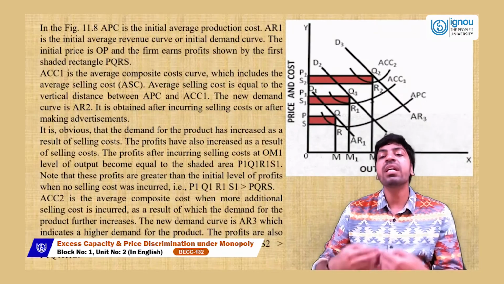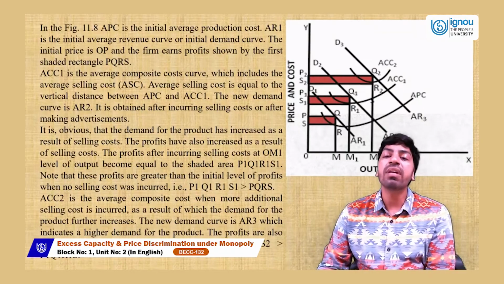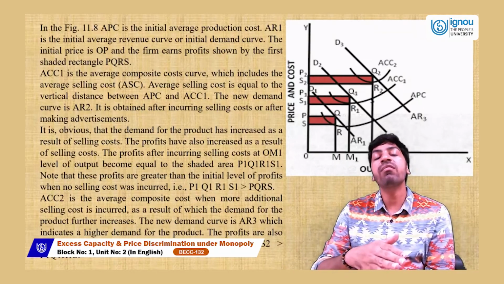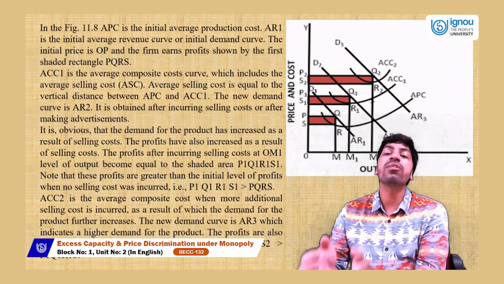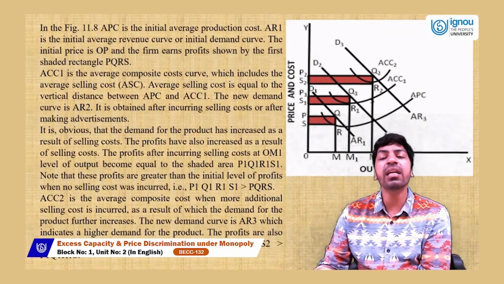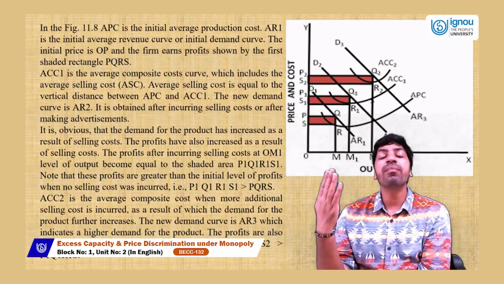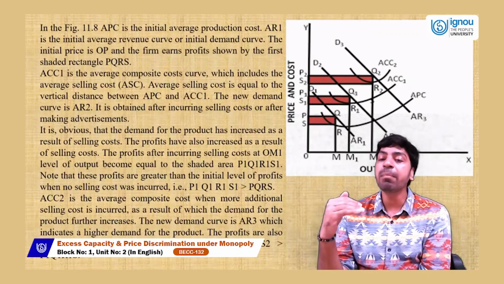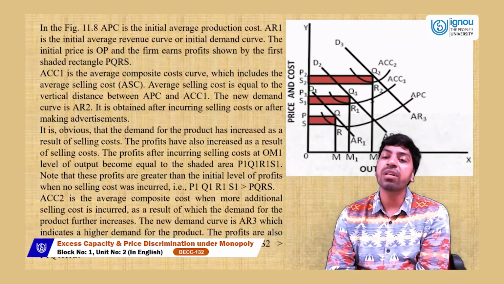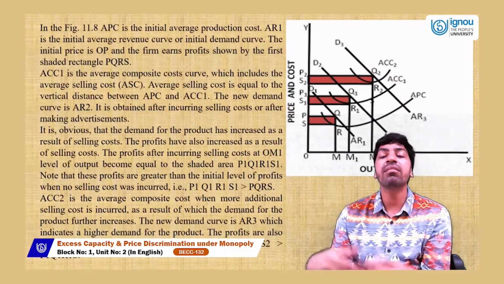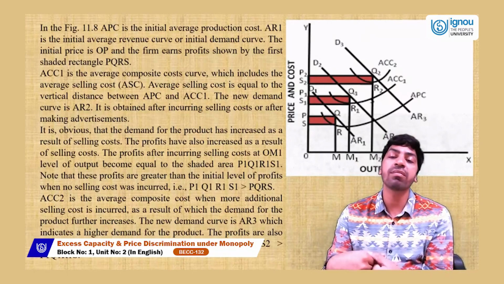When there is an increase in the selling cost, the average revenue curve shifts parallelly towards the right side, due to the increase in investment in advertisements and publicity. This increases the average revenue, and the firm earns more profit than on the original average revenue curve.